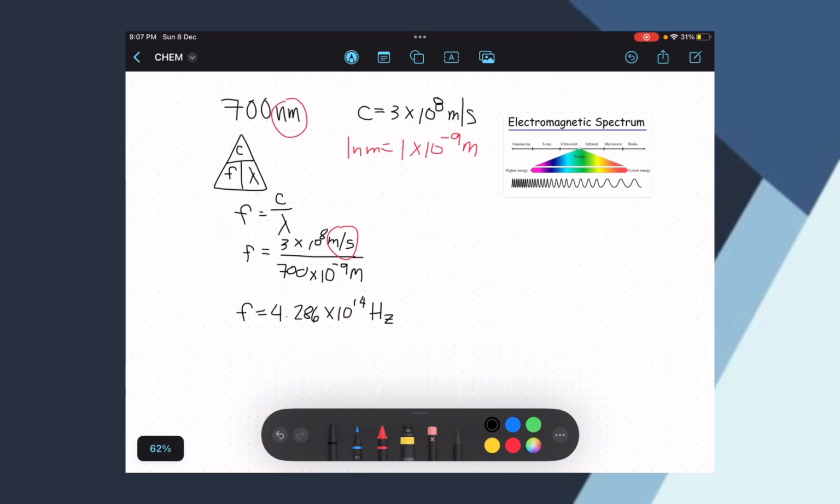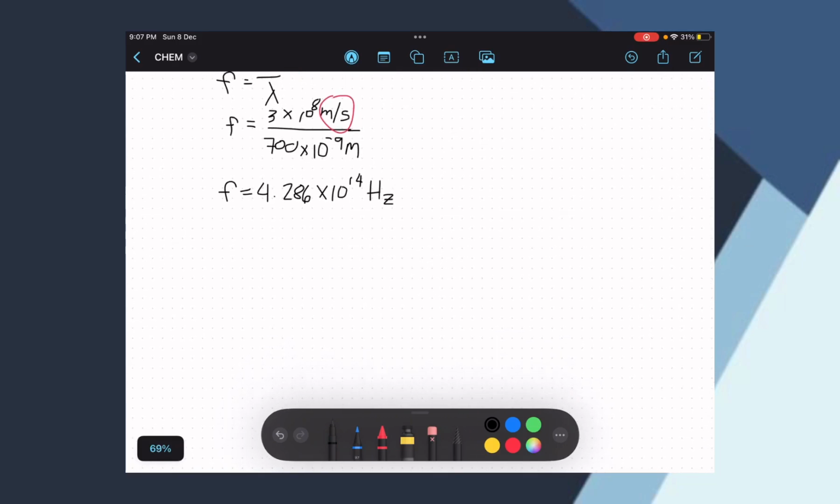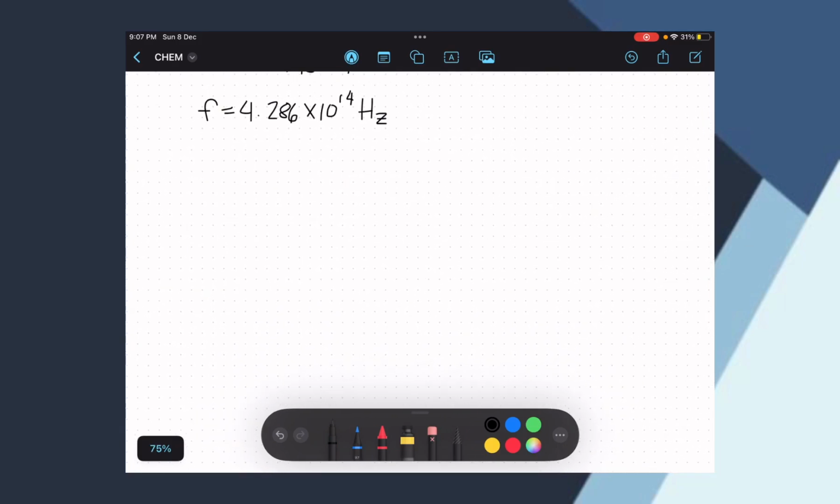After getting the frequency, we can now get the energy, which is equal to Planck's constant times the frequency.